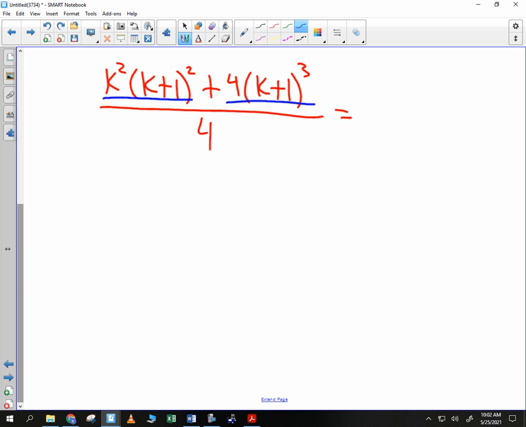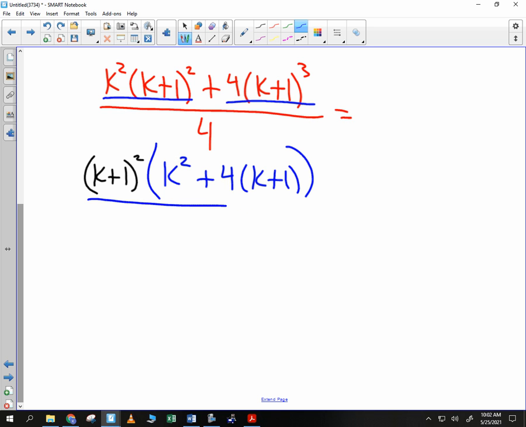So I'm going to factor out a k plus 1 squared. And when I do, what is left here? Just k squared. What's left here? See that?